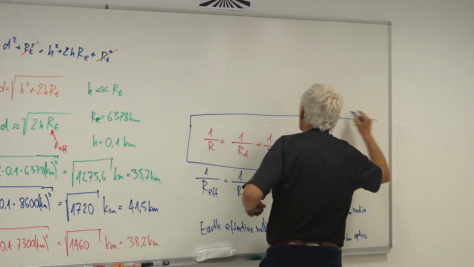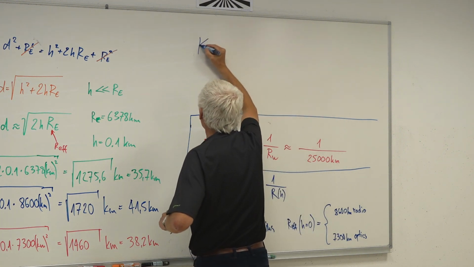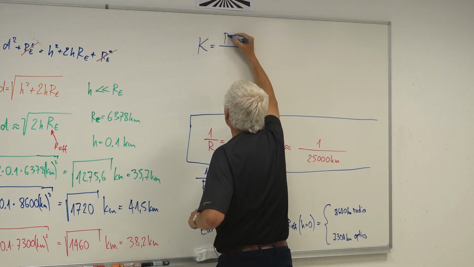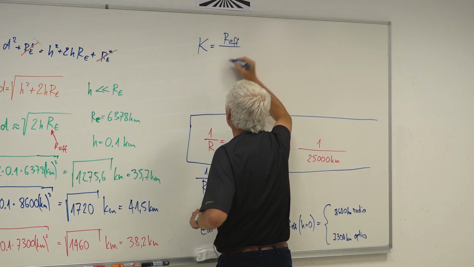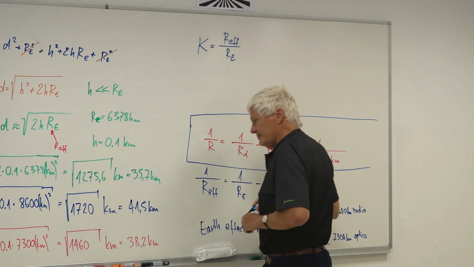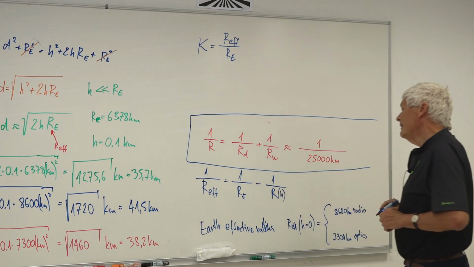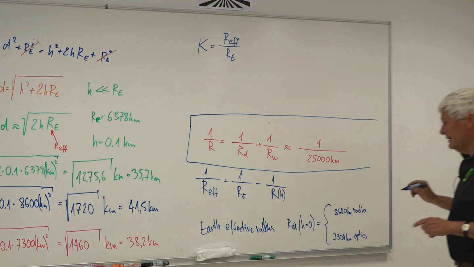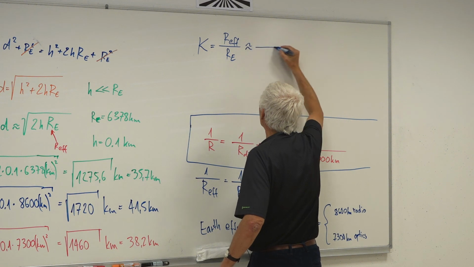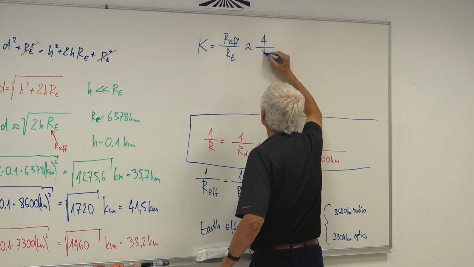This is the unit K, written as a capital K. It is the effective radius of the Earth divided by the true radius of the Earth. For this calculation we made for radio, this K is around 4/3.